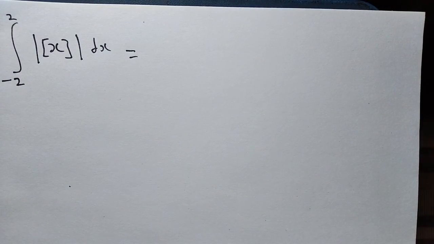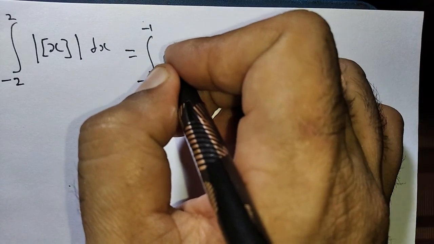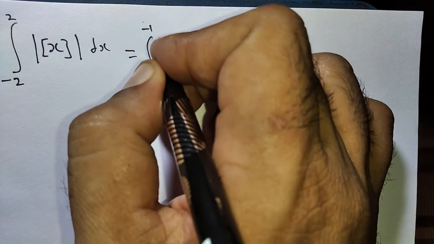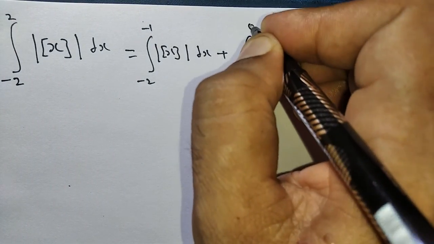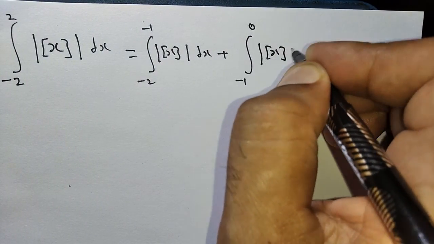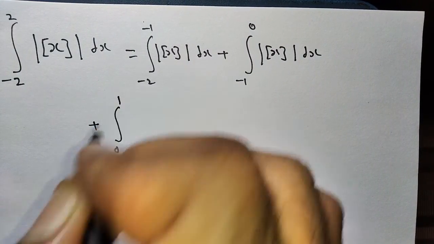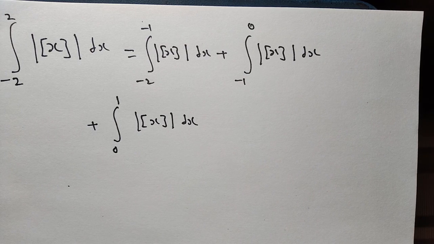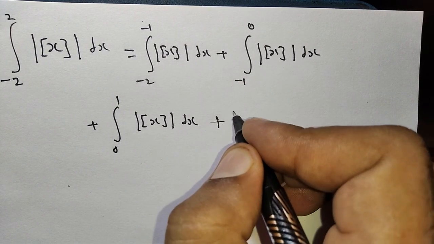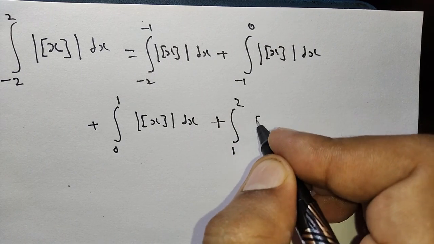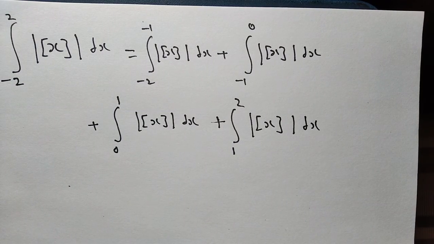So we can write this as integration minus 2 to minus 1 of greatest integer function mod dx, plus integration minus 1 to 0 of greatest integer function mod dx, plus integration 0 to 1 of greatest integer function mod dx, plus integration 1 to 2 of greatest integer function mod dx.